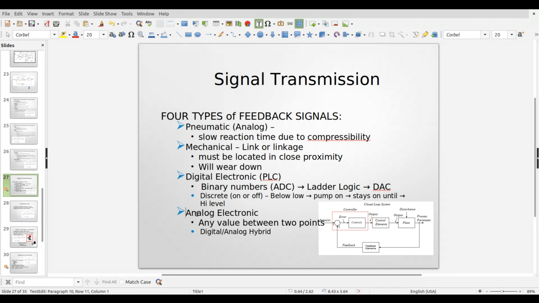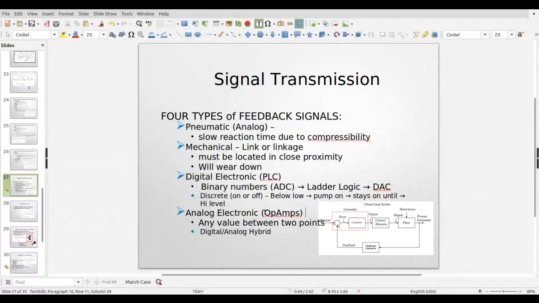All right. And then we can actually do analog control, we can build an electronic circuit using op amps, which generates an analog control signal.